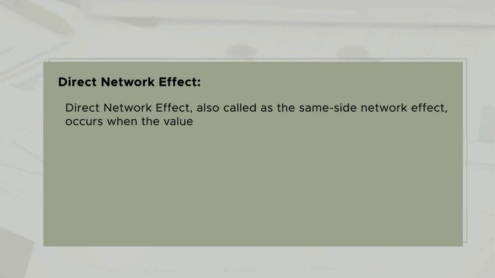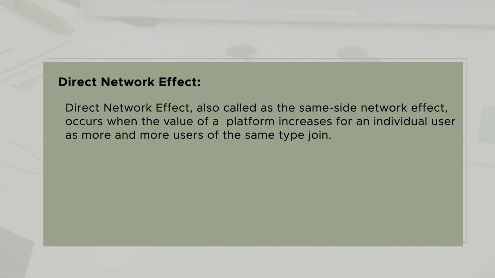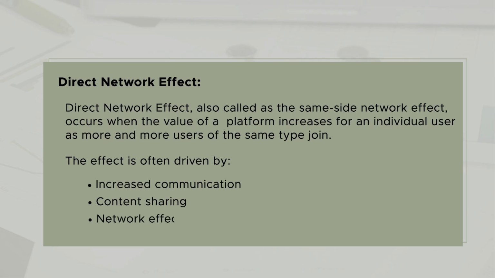Direct network effects, also called the same side network effect, occur when the value of the platform increases for an individual user as more and more users of the same type join. The effect is often driven by increased communication, content sharing, or network effects specific to the user group.